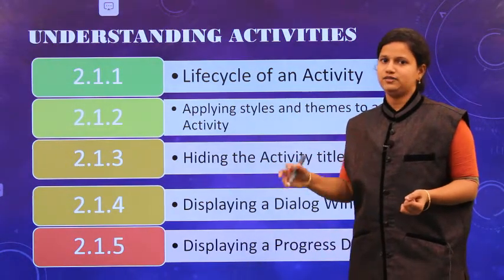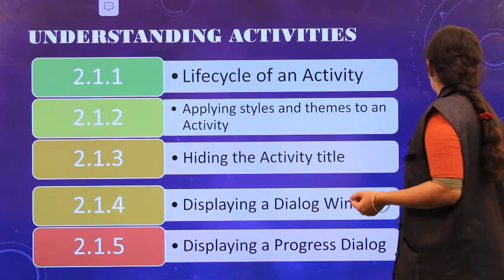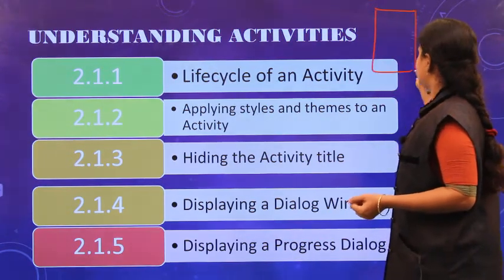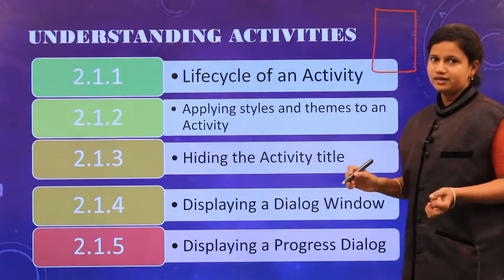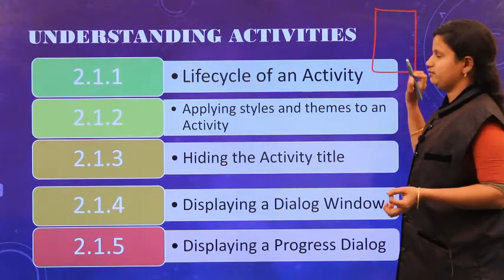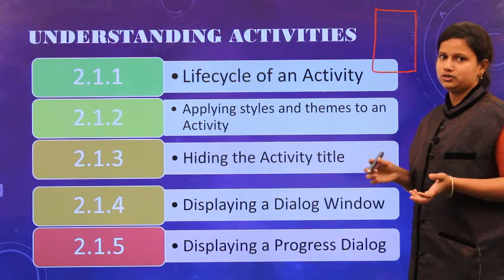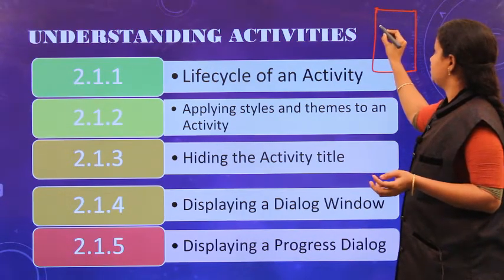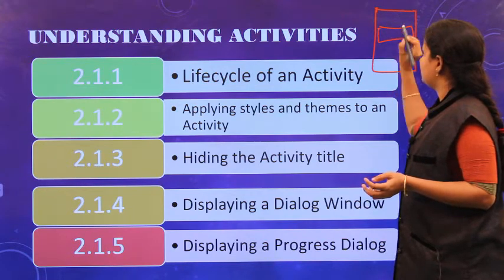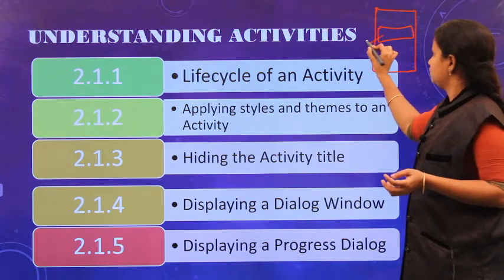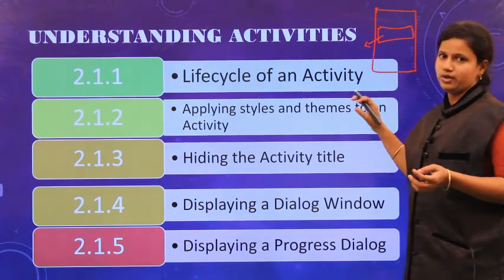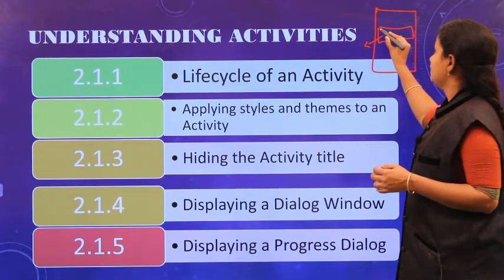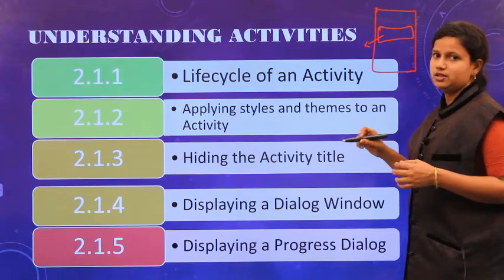Your activity is to be like this. But in this activity we are adding different components. Your activity space is allocated only to this part. I want to mention the activity at some particular position. In that situation also we require different styles and different themes for an activity.